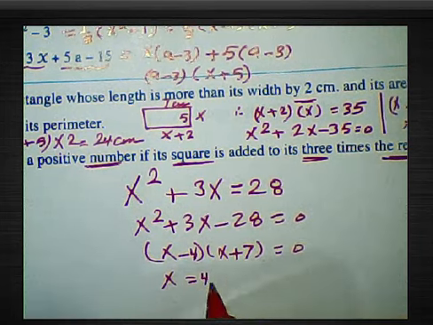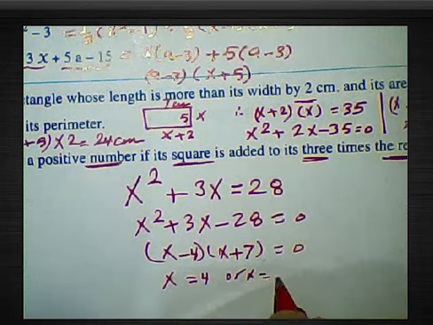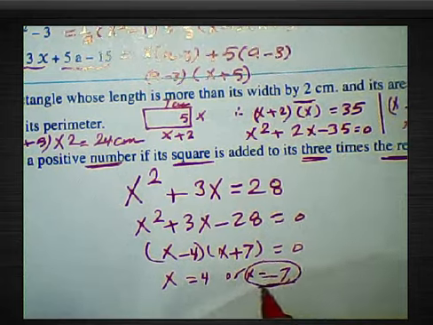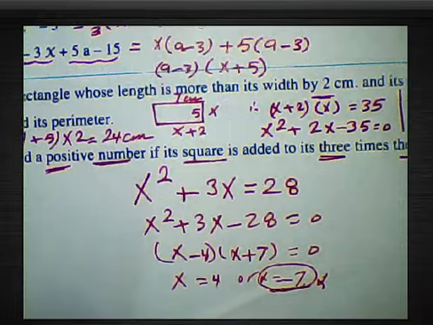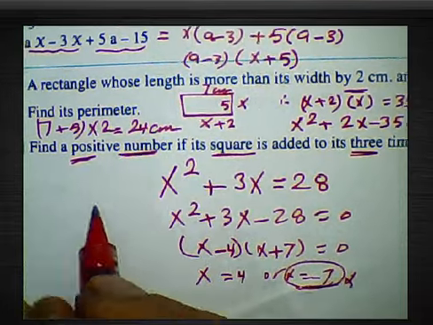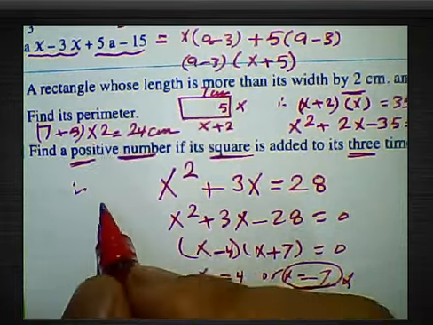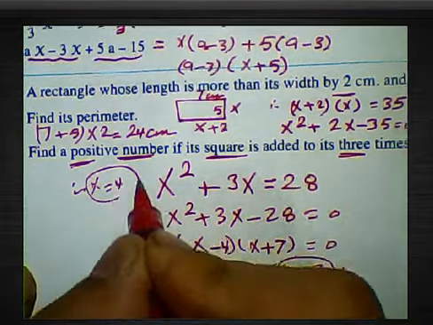So x will be 4 or x equals negative 7. It's the wrong number because he asked about the positive. We want the positive number. Then the positive number will be 4. X equals 4.